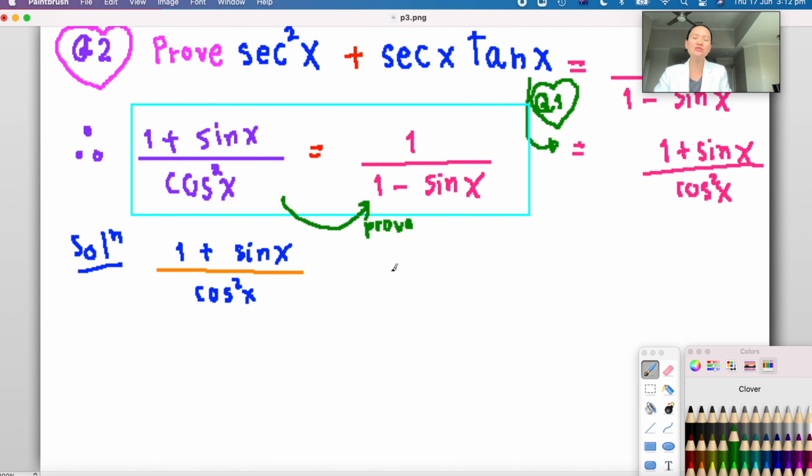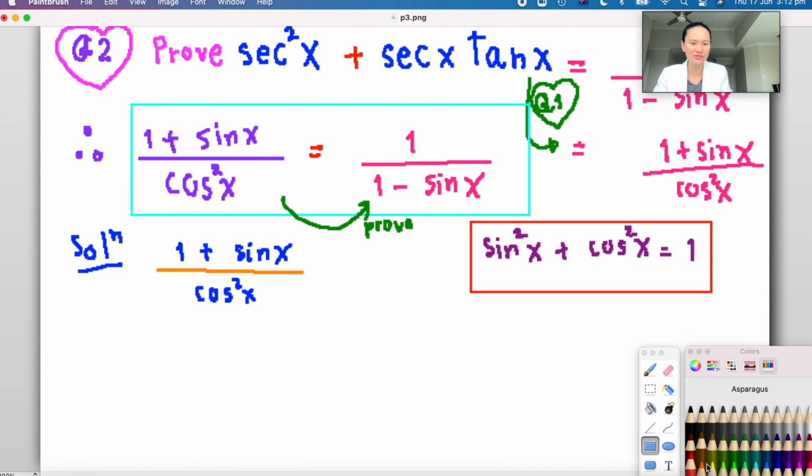First, I'm going to apply this rule. Do you remember that I just taught you? Sin x squared plus cos x squared equals 1. Apply this rule first. I'm going to write it down here, our rules.